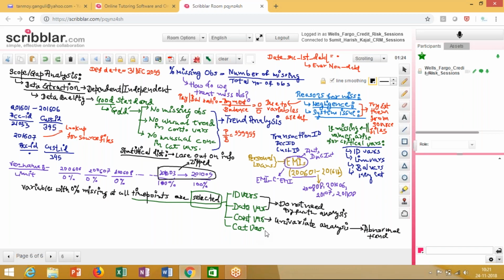And within the categorical variables, we look at concentration.